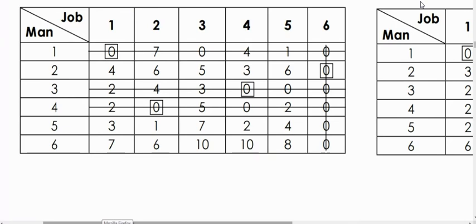Okay. Now see. The first job, that means now I am talking to you, you have to look at the first column.